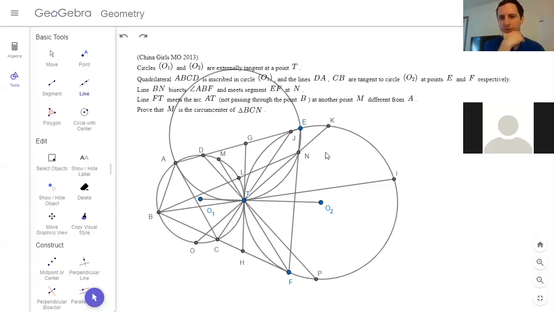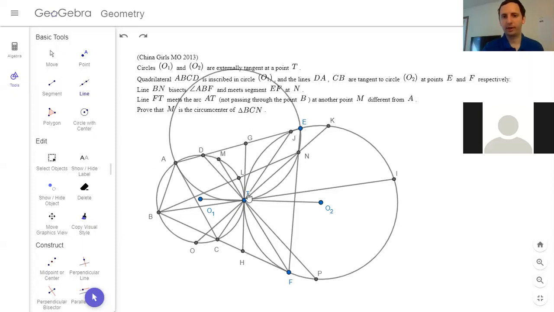I'm not sure. I guess how does that solve it? Because you want to show AENT is cyclic. That's what you were trying to do, right?